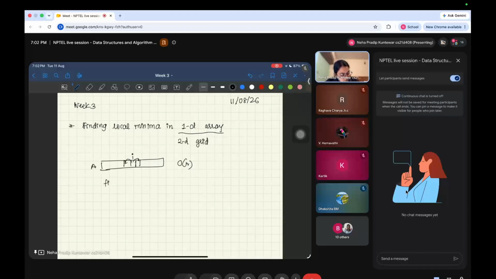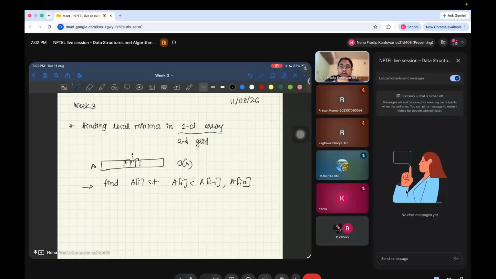So find A[i] such that A[i] is smaller than A[i-1] and A[i+1]. This is what we want to find out. So one way would be that you scan through the entire array and find the minimum element. That's your order n time algorithm, but can we do better?